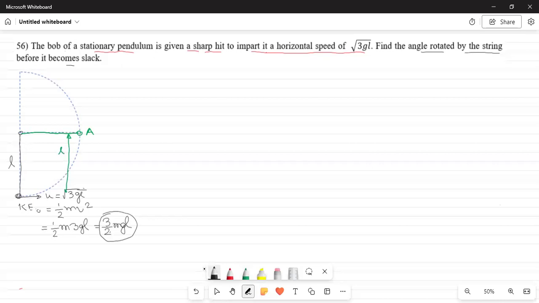And there is a force acting here, which is mg. So let us write the symbol U, the potential energy at A, equal to mg into L. And what was the initial kinetic energy? 3 by 2 mgL. So we find here that the potential energy required at A is less than the initial kinetic energy.